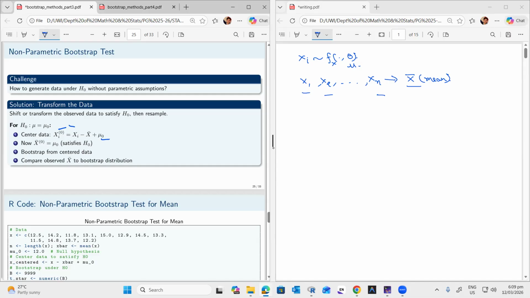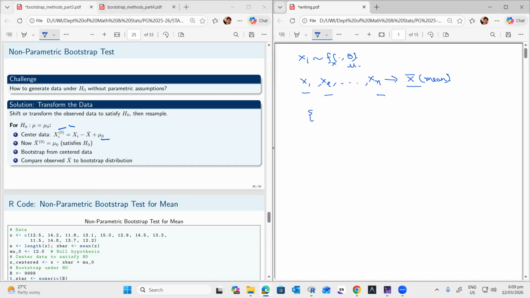So the transformed data set will be our xi naught. From each observation, we subtract the observed mean and add the null hypothesis value mu naught, for all i from 1 up to n.